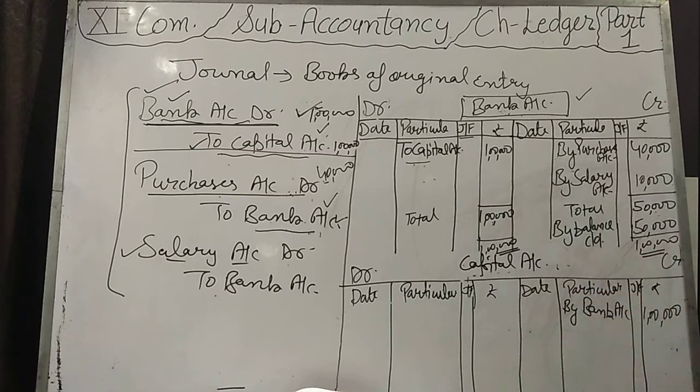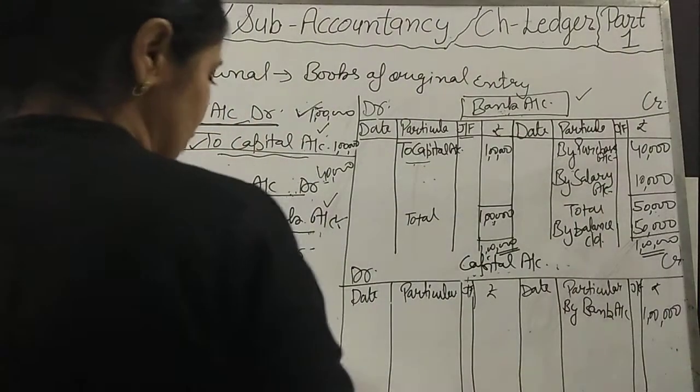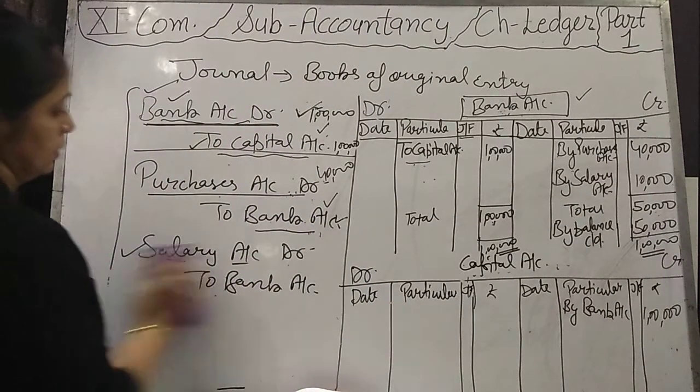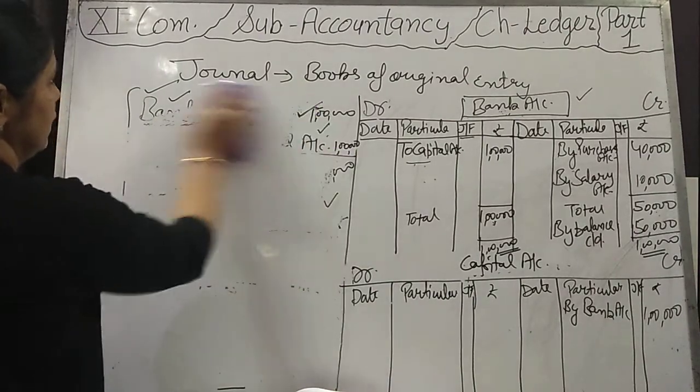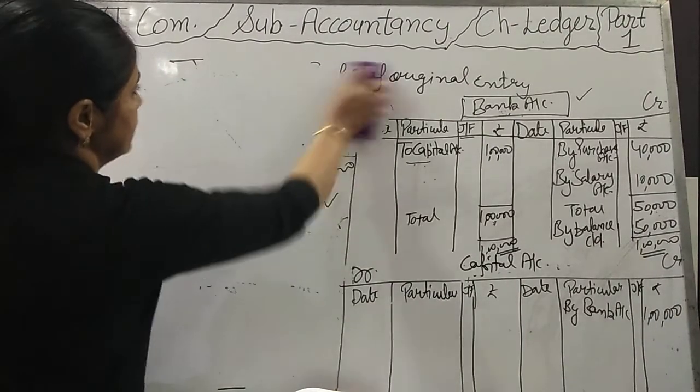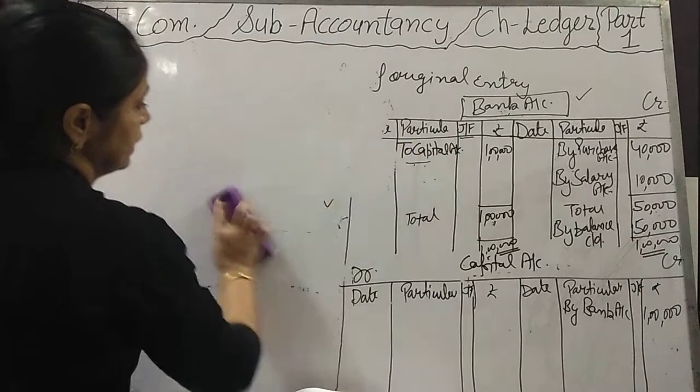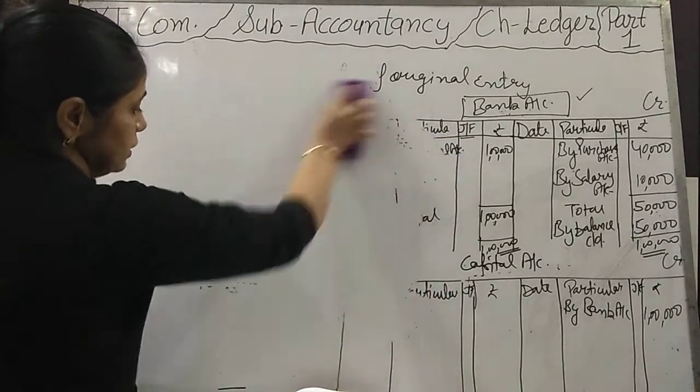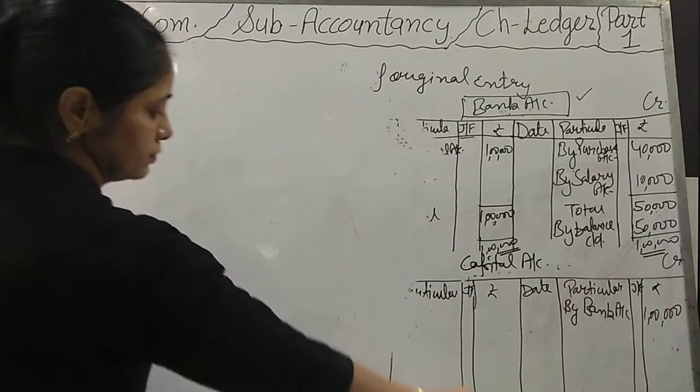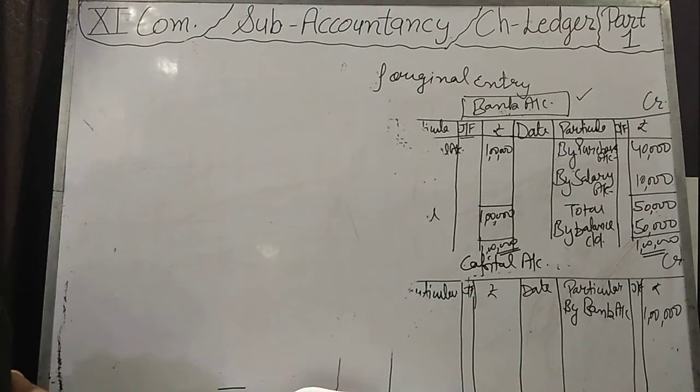Okay, now after that, if there is a journal entry, any compound journal entry in which we have used 3 accounts, this is known as compound journal entry.